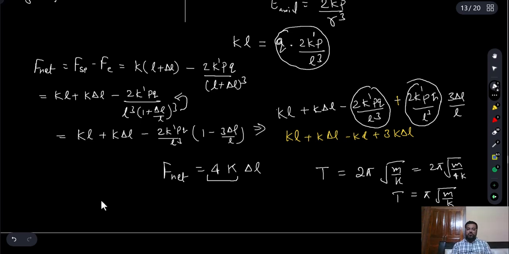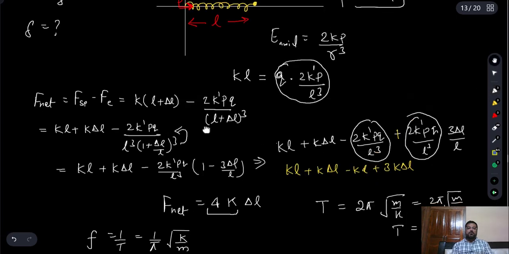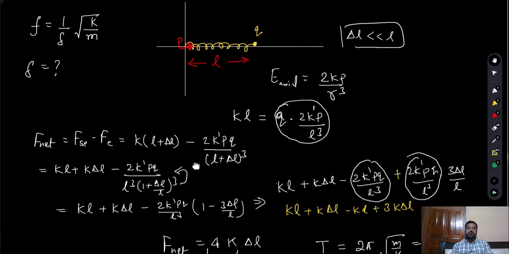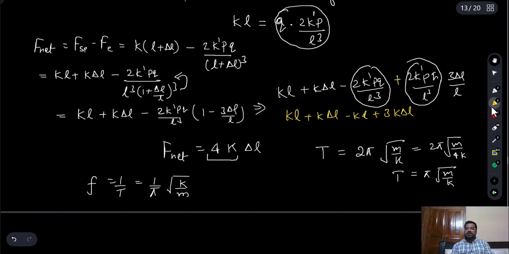Frequency is 1 over time period, so you can write 1 over pi under root K by m. Now, if you compare with the standard equation which was given, you can easily see that delta is nothing but pi, and you can put the value of pi as 3.14.